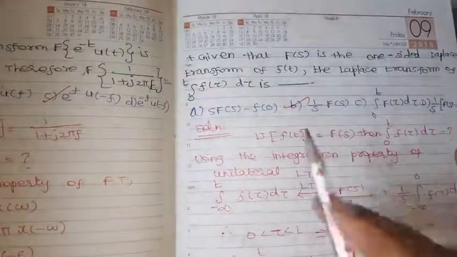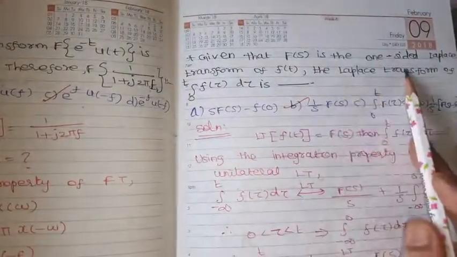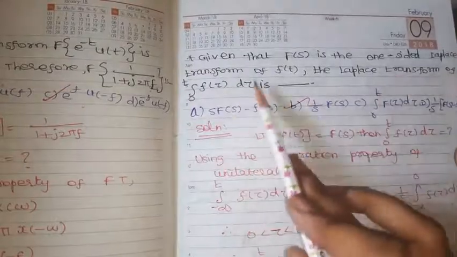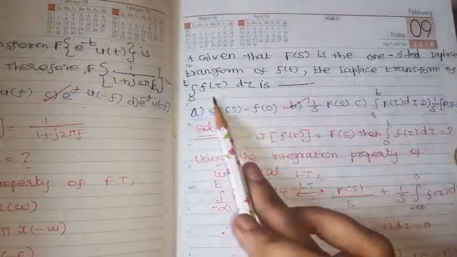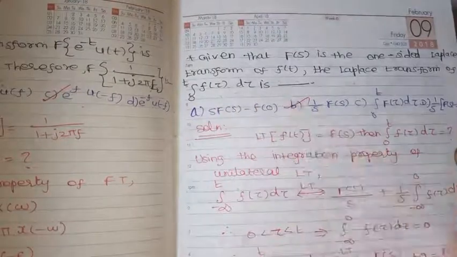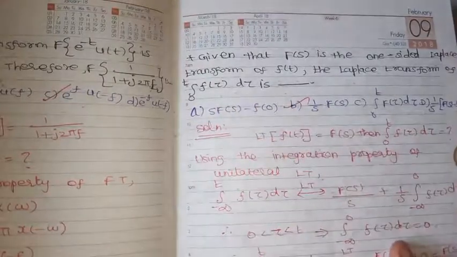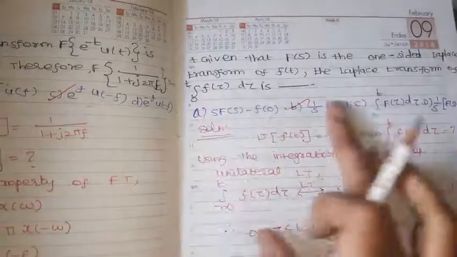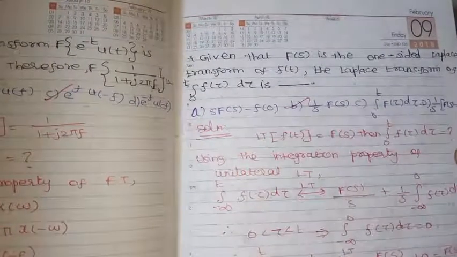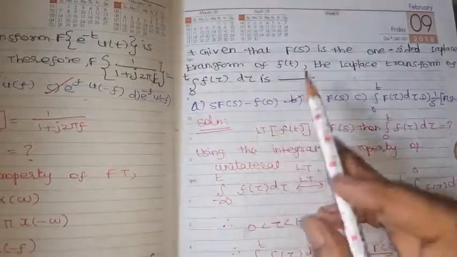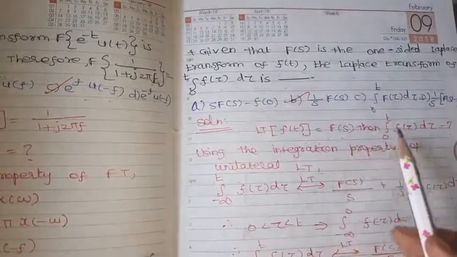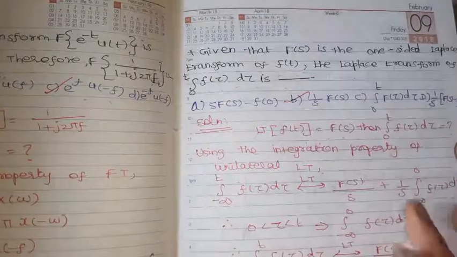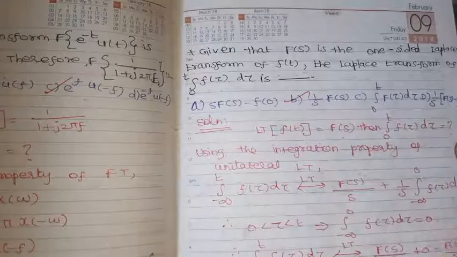Given that F of s is the one-sided Laplace transform of f of t, find the Laplace transform of the integral from 0 to t of f of tau d tau. This is nothing but the integration property of the Laplace transform. The Laplace transform of f of t is nothing but F of s, and the integration is also based on the properties of the Laplace transform.